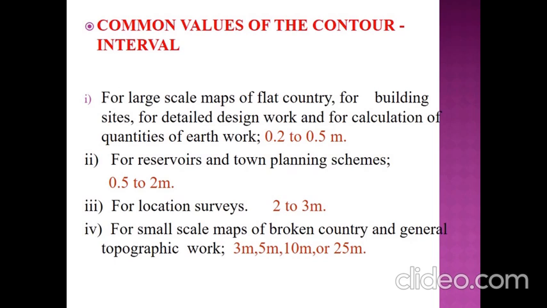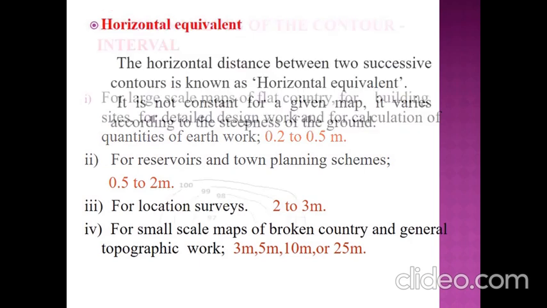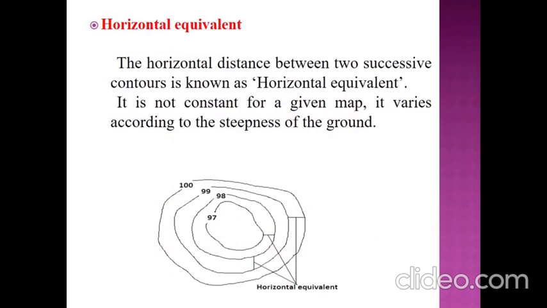Then third, for location survey, we can consider the scale which is 2 to 3 meter. And fourth, for small scale maps of broken country and general topographic work, we consider 3 meter, 5 meter, 10 meter, or 25 meter. Then next term, which is the horizontal equivalent.